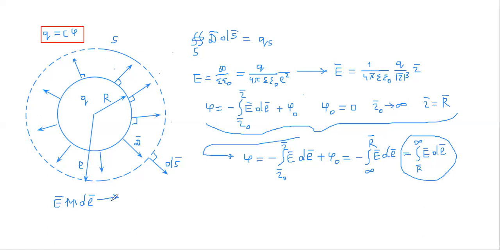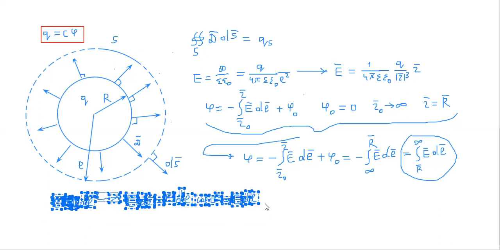And because of this we can write that E dl is equal to the modulus of the electric field intensity E, dl, cosine 0, and it is equal to E dl.